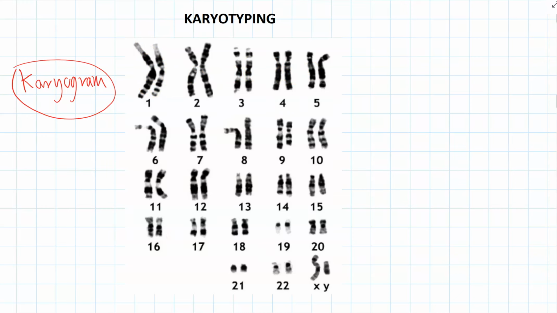And we can clearly see here that this is the karyogram of a human because we've got 23 pairs of chromosomes. Their proper name is homologous pairs. So obviously 23 pairs means we've got 46 chromosomes in total in every one of our cells, except for our sex cells.